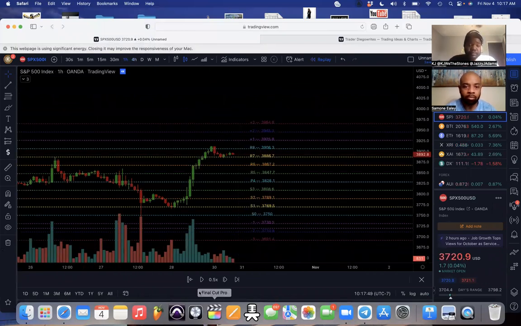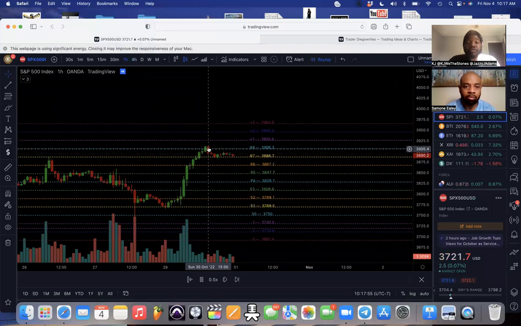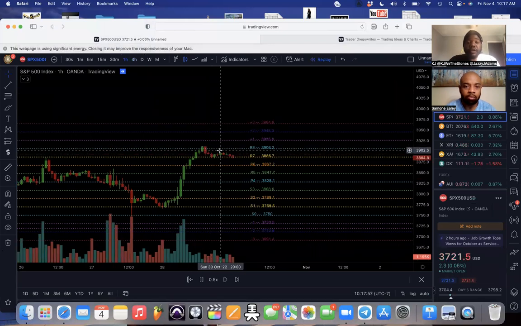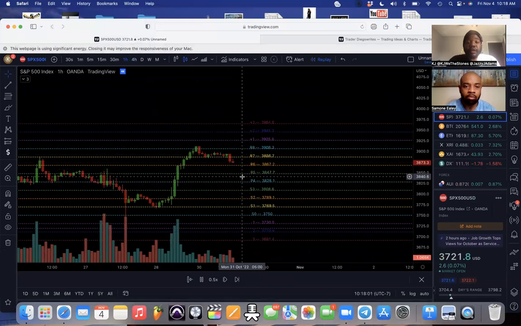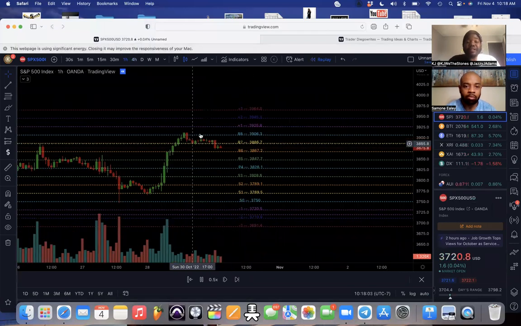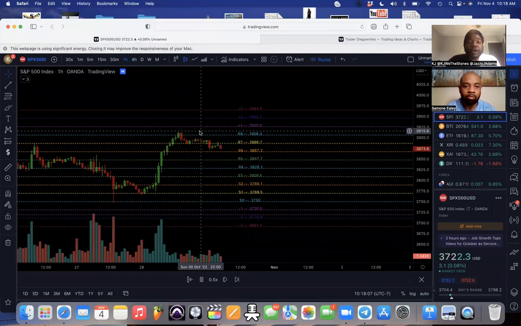Now, I'm going to hit play so you can see how price action plays itself out just with these pivot levels. Understanding this is a major reversal zone, but not guaranteed. Consolidation zone down here, median here. I personally was not in the trade. I had my pending order here and I was just waiting on it to smack right above the R8.